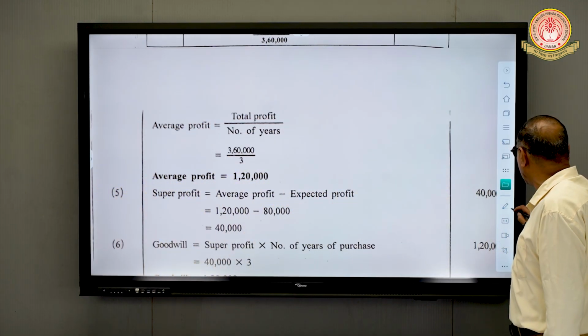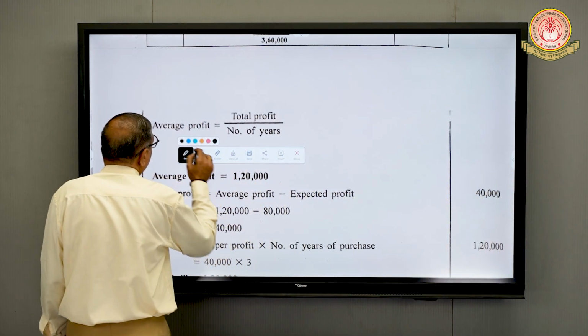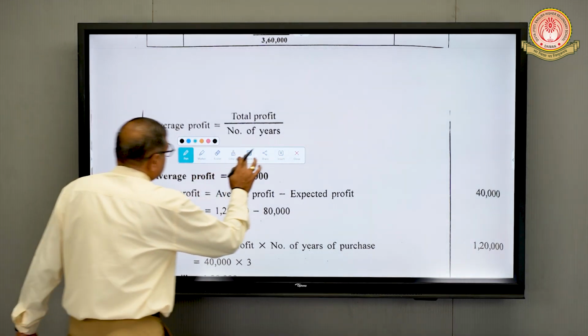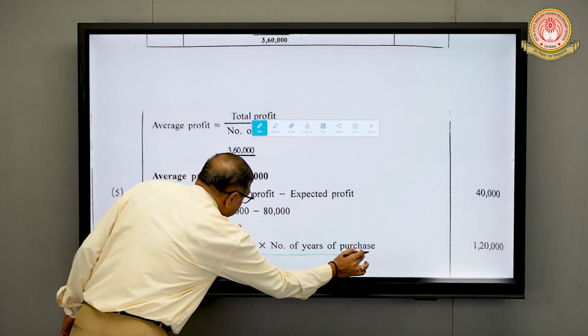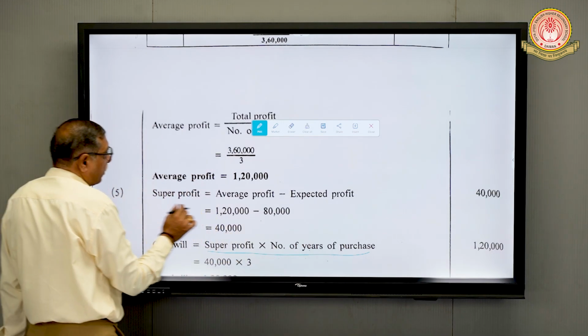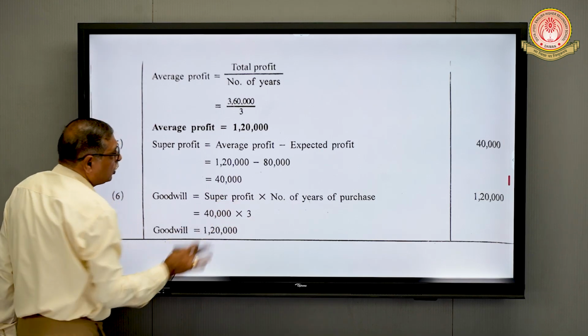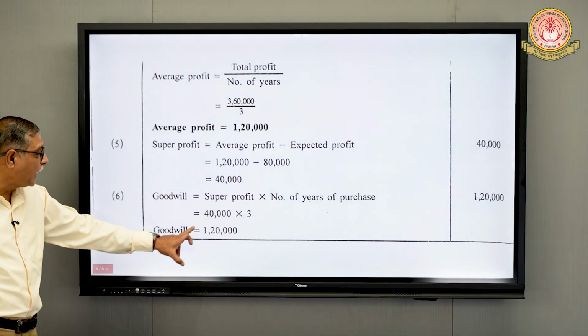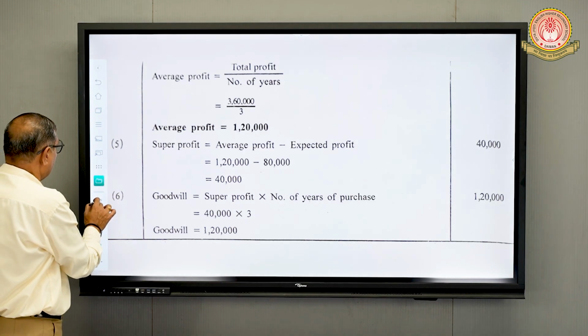So we take the super profit, you can see 40,000 into 3. So 1,20,000 is the valuation of goodwill.